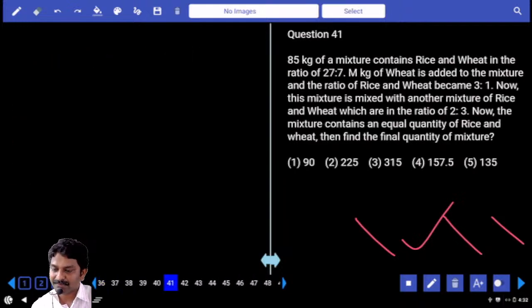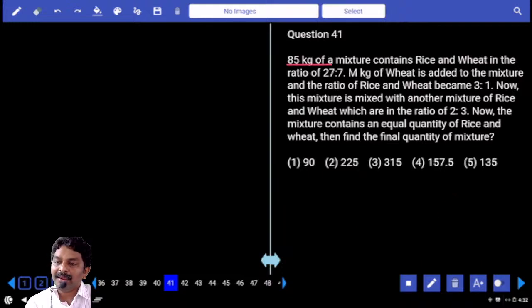41 onwards. 85 kgs of a mixture contains rice and wheat in the ratio 27:7. M kgs of wheat is added to the mixture. Then what is constant? Rice is constant. In the first case, how much rice do we have? 27. And in the second ratio, 3 parts.